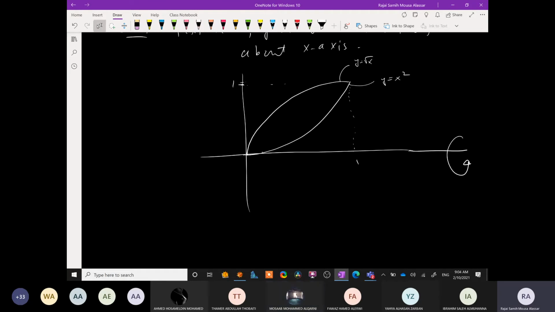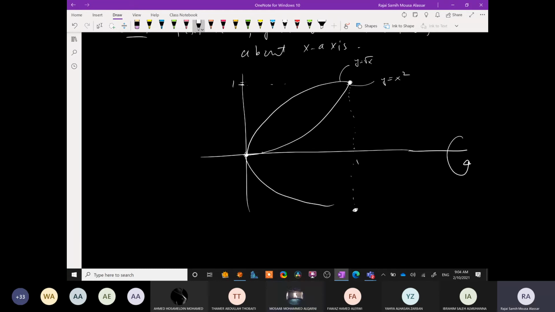Okay, so let's see what happens if you rotate this point here. Where does it go, Ashraf? It goes here. Correct. And if you rotate this point, it doesn't go anywhere.